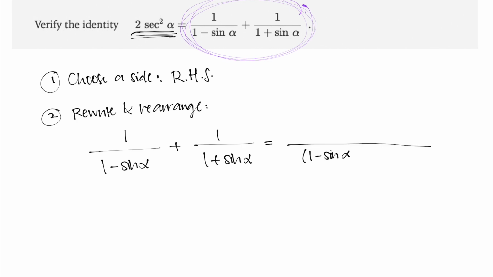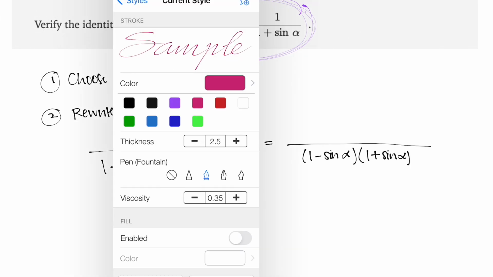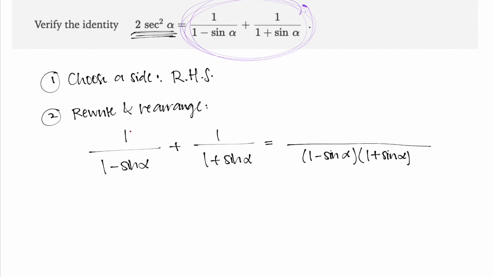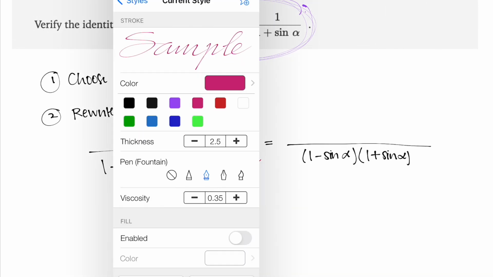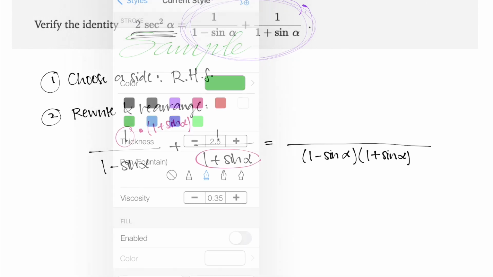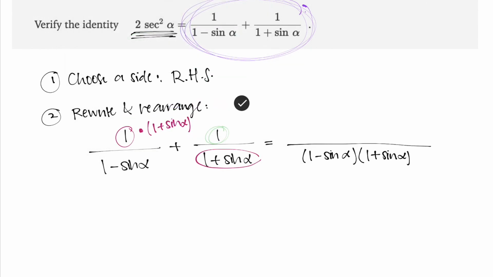So we're going to do 1 minus sine alpha times 1 plus sine alpha, which means that from the individual numerators, the first numerator was missing this term. So that's going to be multiplied here by 1 plus sine of alpha. And in the other case, on the right fraction, this one is missing a factor of 1 minus sine alpha because now it has this denominator added into it from right here.